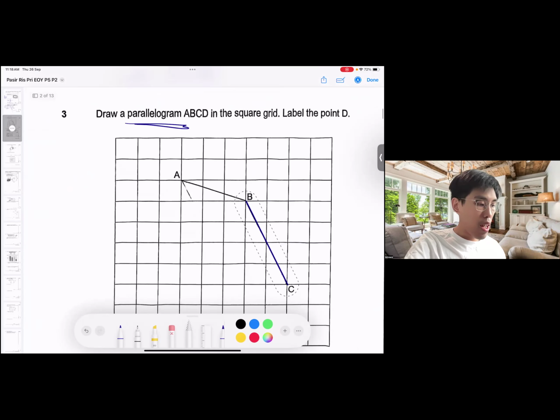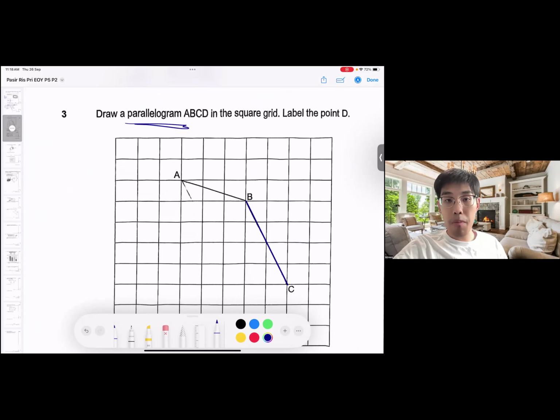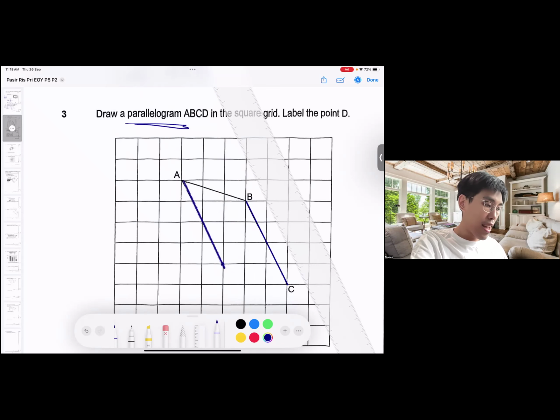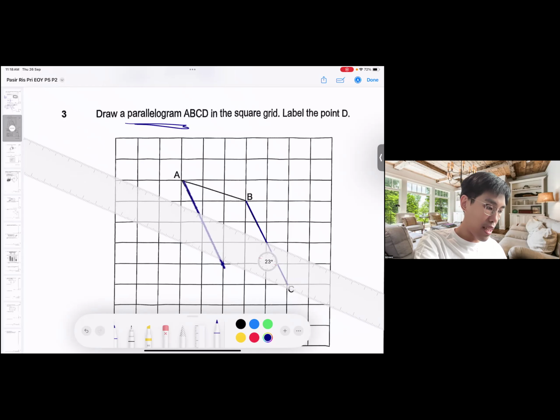At the same time, how do we draw the other one then? So from line BC, the length of BC will be the same as line AD. So it will also be 1, 2, 3, 4. So it's here. Okay, I use the ruler also. Okay, done like that. And then at the same time, we connect C and D.